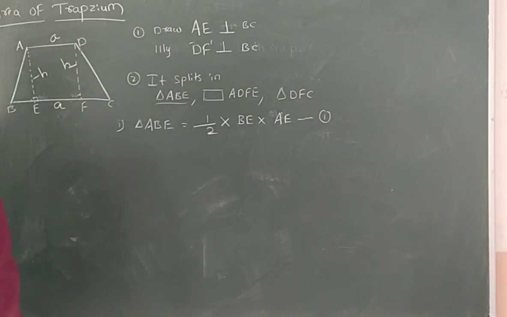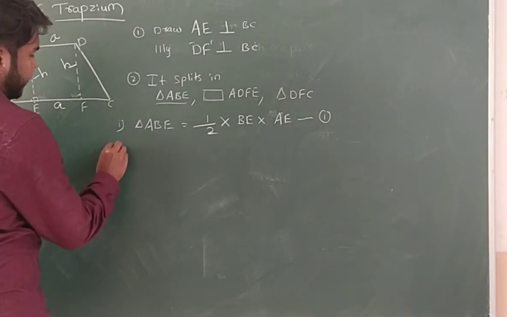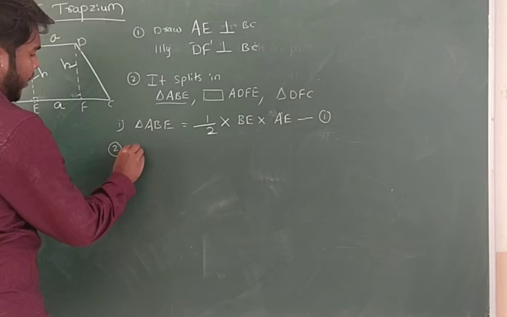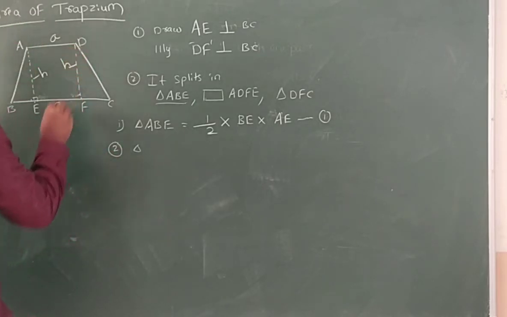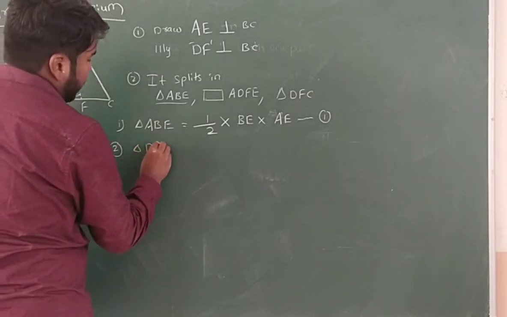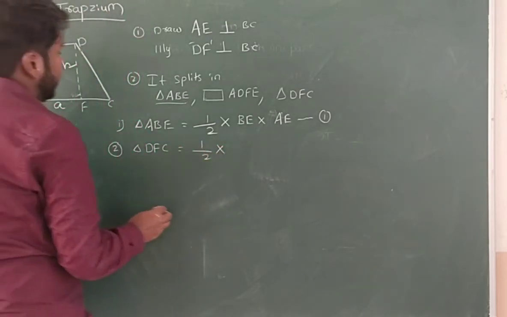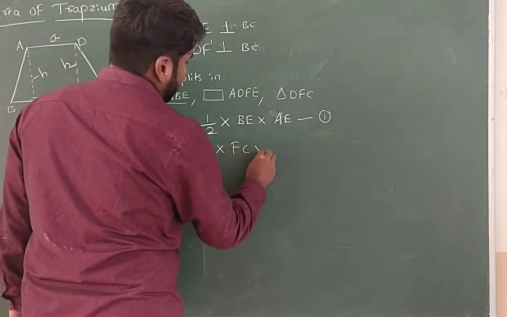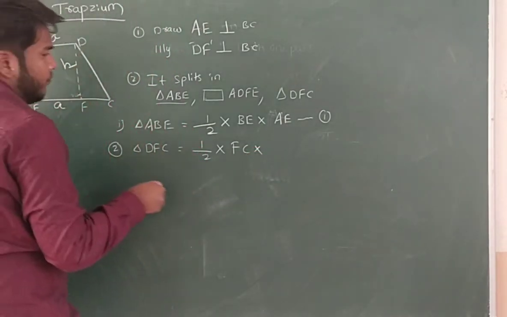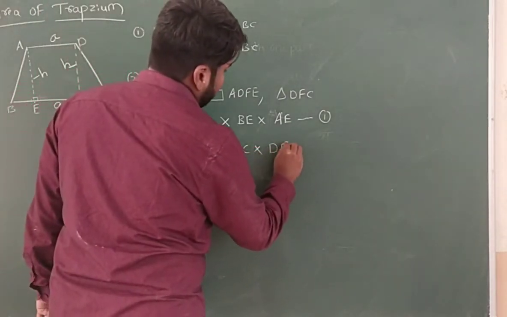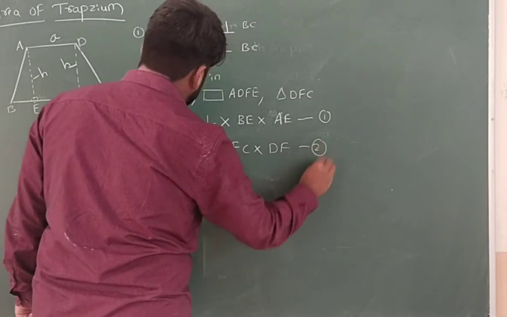Okay, next, second case, triangle. I will choose DFC, that is half into base FC into DF. Call this equation 2.